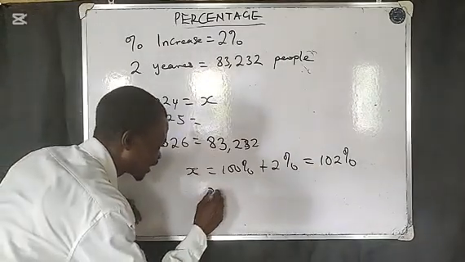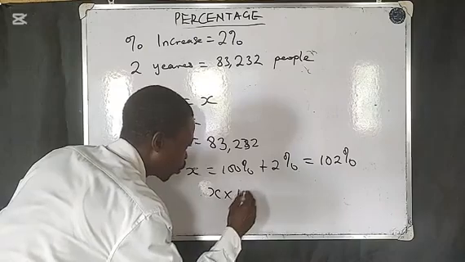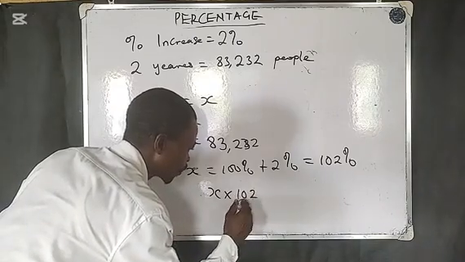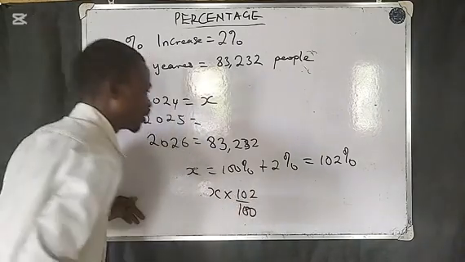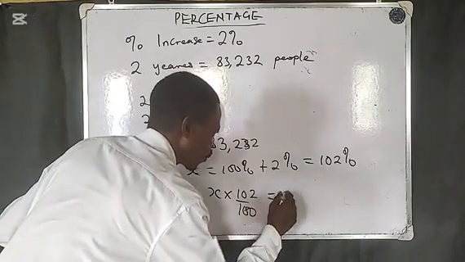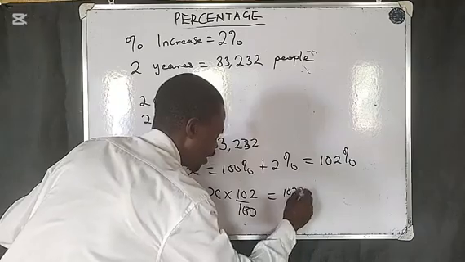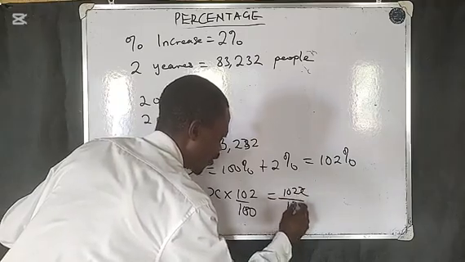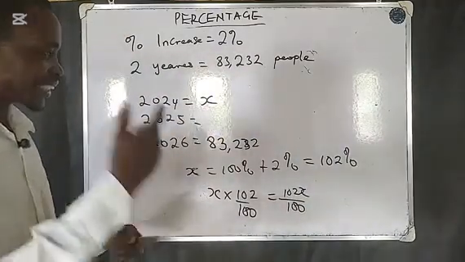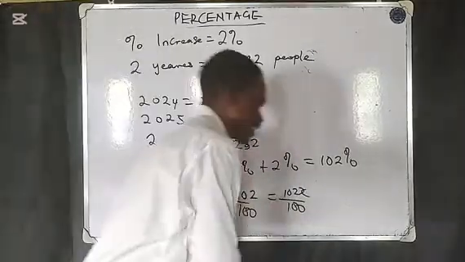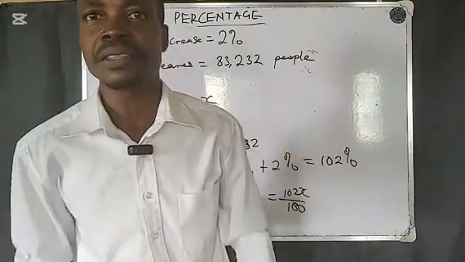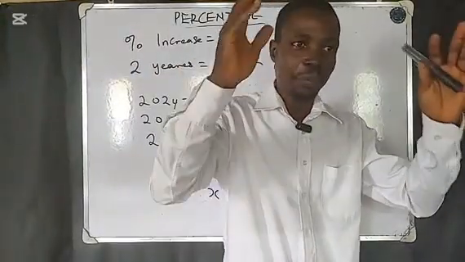So we say X multiplied by 102 percent. Percent means over 100. So we are going to get 102x over 100. The next year, as it is now, it is 100% again.